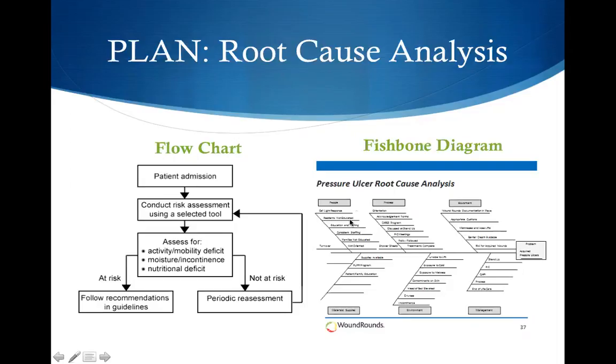It's a little bit hard to see, but one of them is people: families are not educated, and there is a lack of education and training for the staff. Also, with environment, it could be that the patients were exposed to wetness. And then as far as equipment, maybe not enough mattresses and heel lifts were provided.